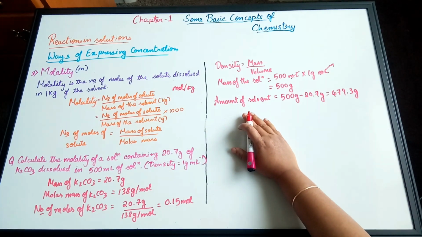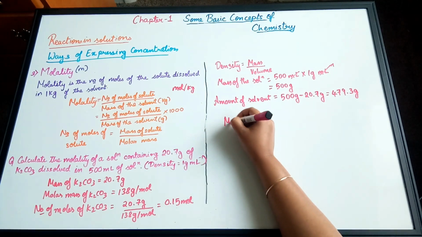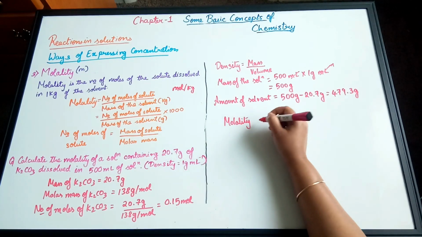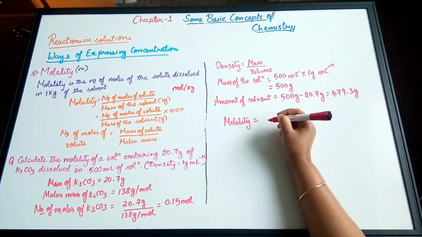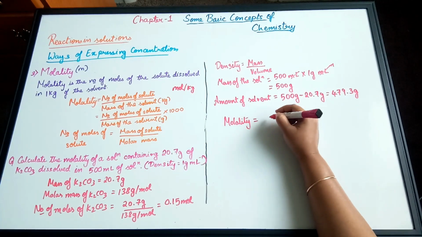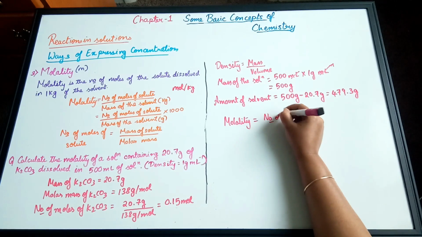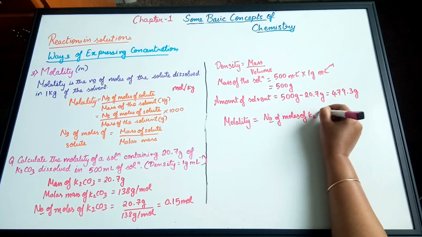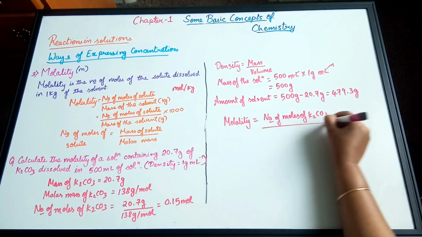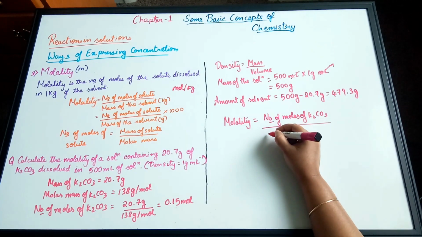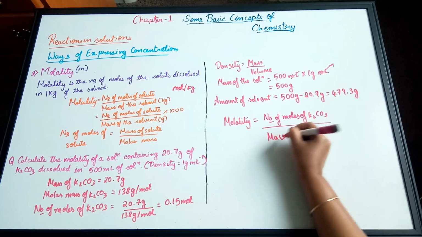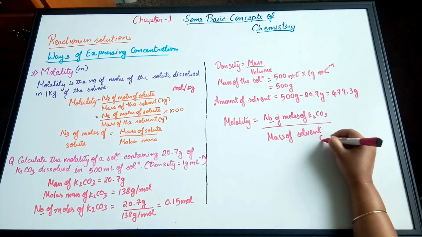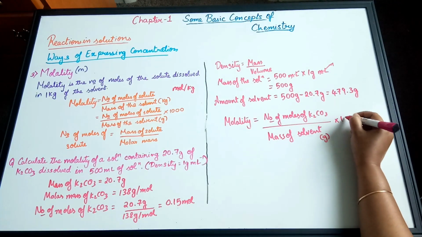Okay, so molality equals the number of moles of K2CO3 divided by the mass of the solvent. And since the solvent is in grams, we need to multiply this with 1000.